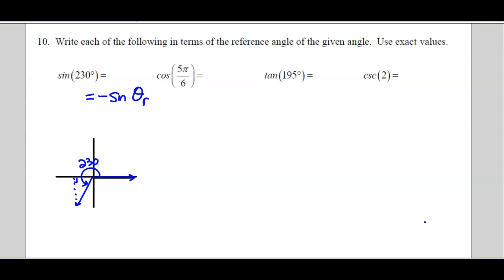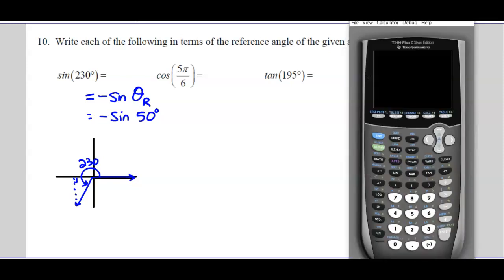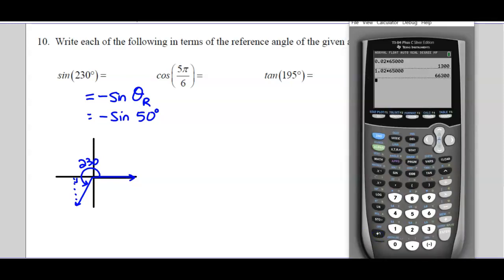So I'm going to put theta reference. In this case, the reference angle is 230 minus 180, which is 50 degrees. If you check that on your calculator in degree mode, sine of 230 is negative 0.766. And if you put in negative sine of 50, no talking please, you should get the same.